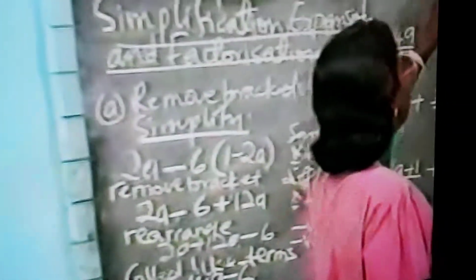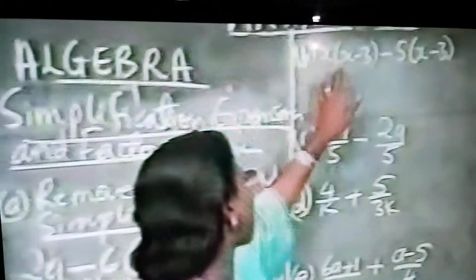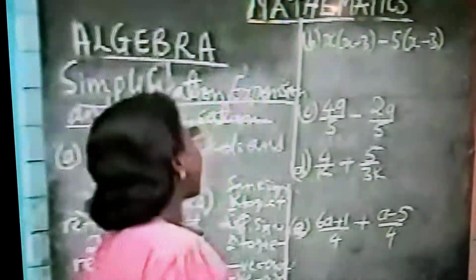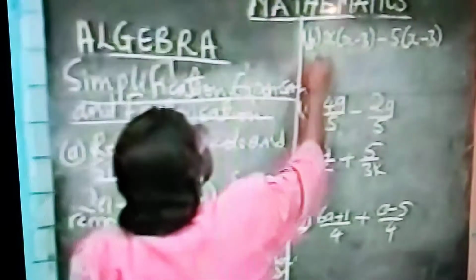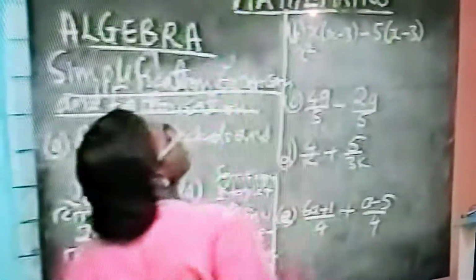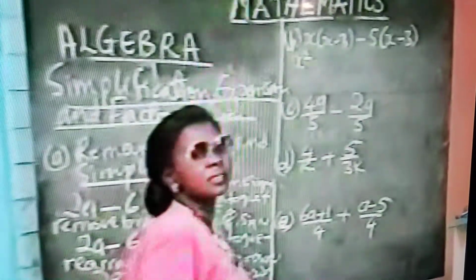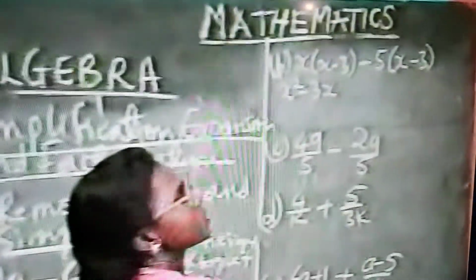B. In B, we have 2 brackets instead of 1. So first step, we remove brackets. We remove the brackets and we have x times x, which will give you x raised to power 2. And x times minus 3 will give us minus 3x.